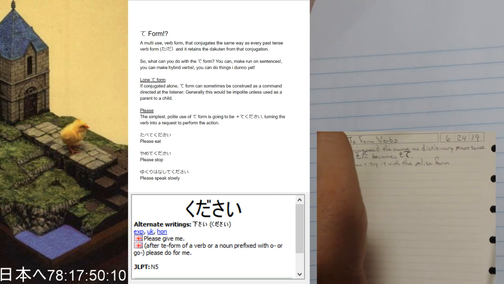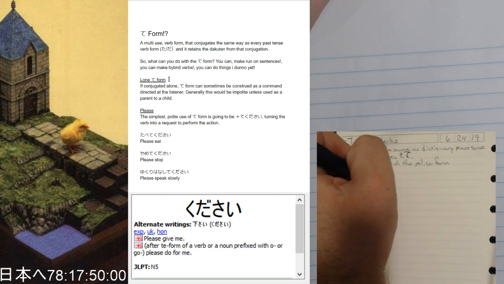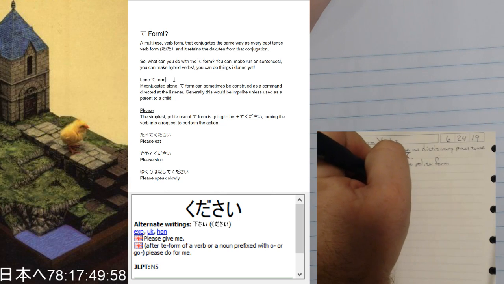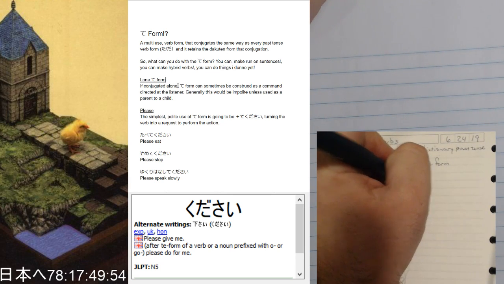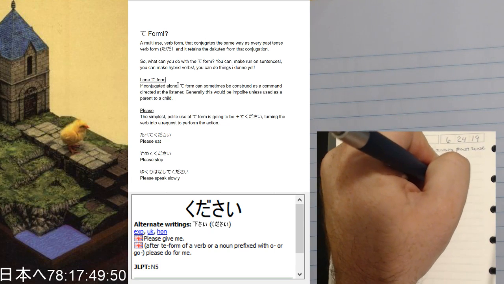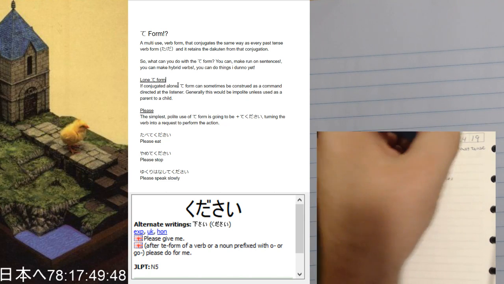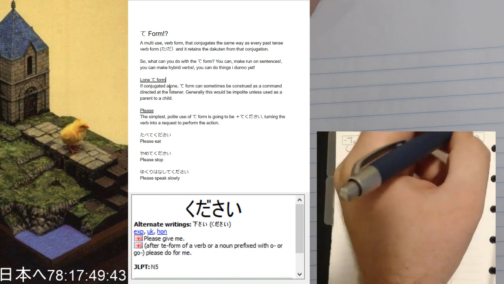Okay, so that's what we're going to go over first. Like I said, there are different ways you can use it. We're going to start with lone te form, which is essentially the imperative. I don't know if that's technically what it is or if it's just a use of it. For now, go ahead and call it that, and when someone in the world corrects you on it, we'll live with it.